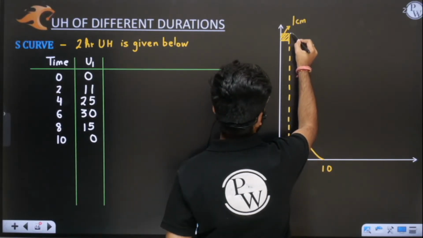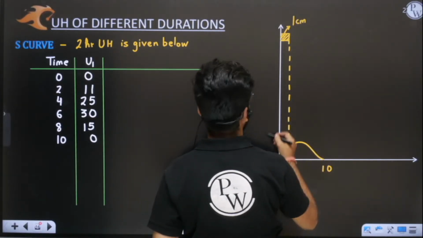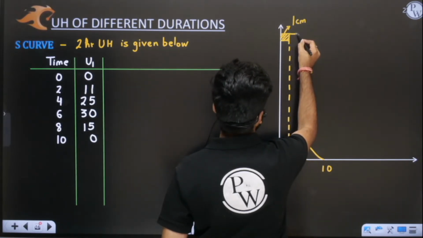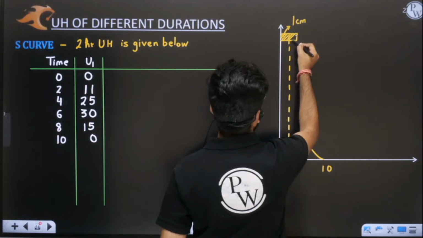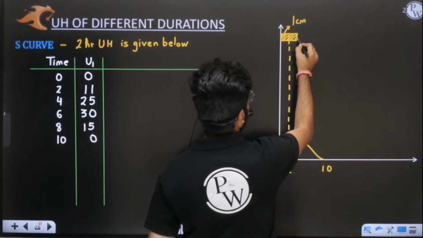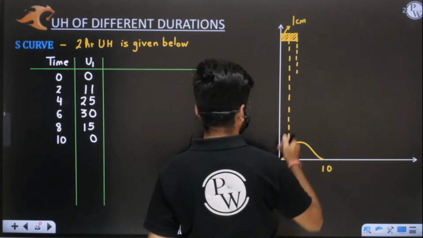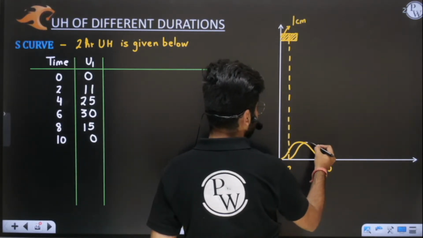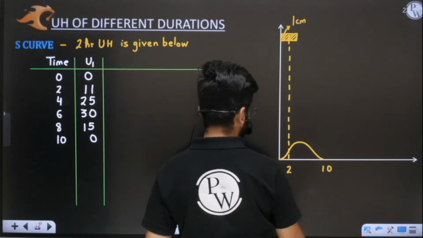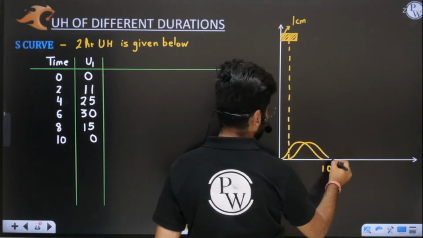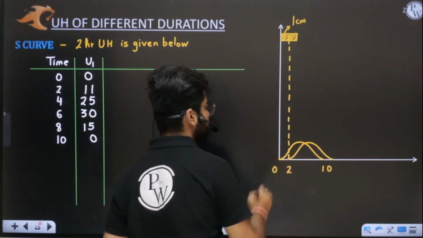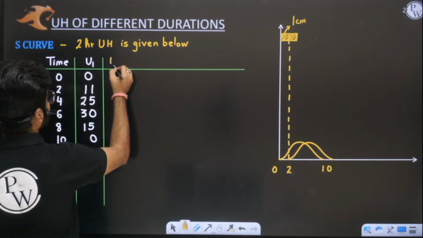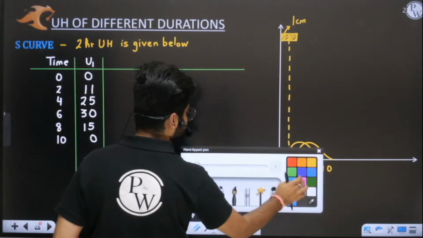If this rainfall happens again, I have to draw a simple unit hydrograph again, starting from 2, which will be lagged.